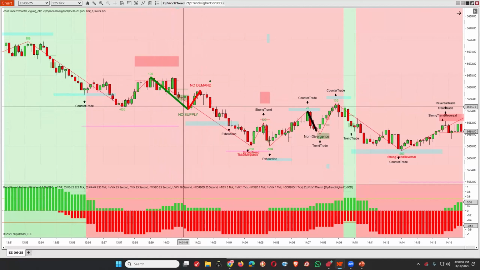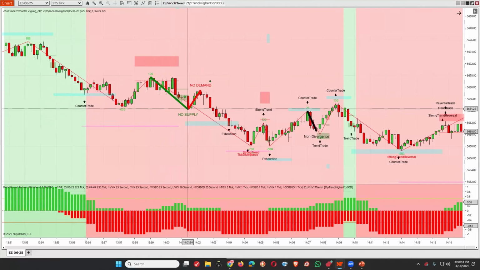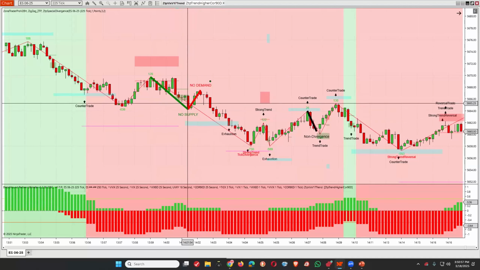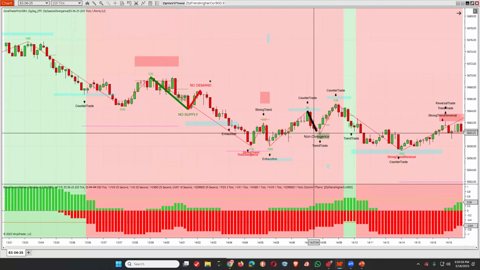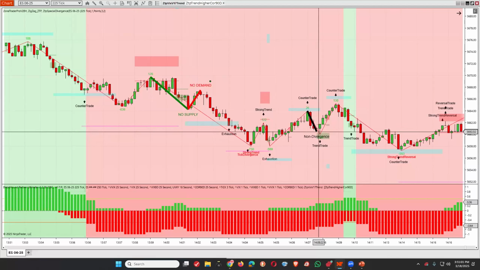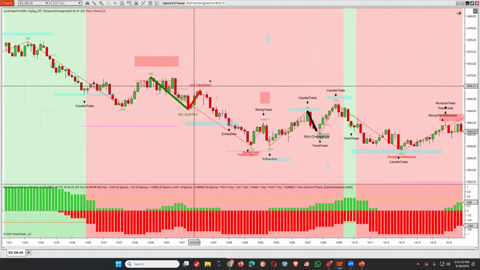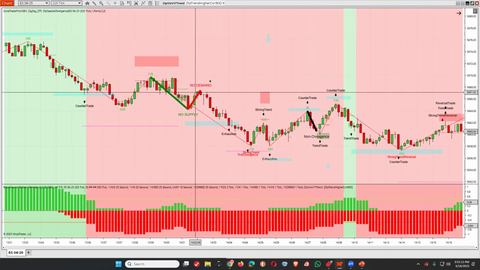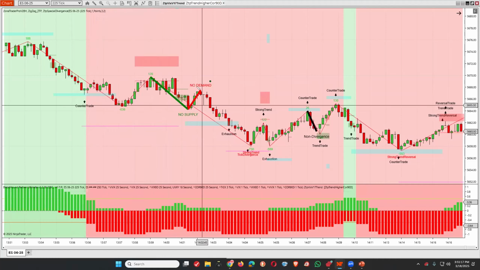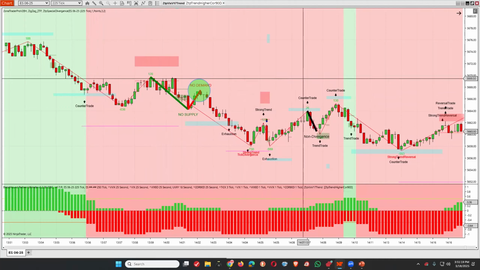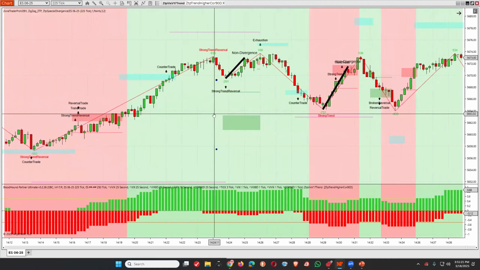Now, I can't recommend anything, but I wouldn't be taking something like this or something like this, where we're trading against the VIX and the dollar sign tick. I'm just not interested in that. I want to be trading with the VIX, with the tick, and that pretty much right here fulfills that requirement.